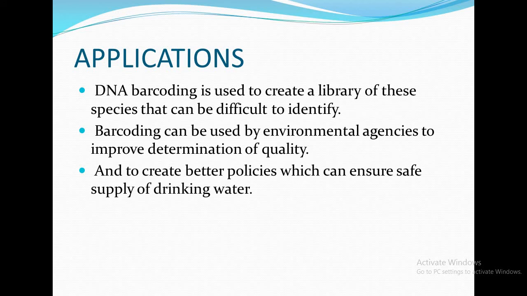DNA barcoding is used to create a library of these species that can be difficult to identify. Barcoding can be used by environmental agencies to improve determination of the quality of water and to create better policies which can ensure a safe supply of drinking water.